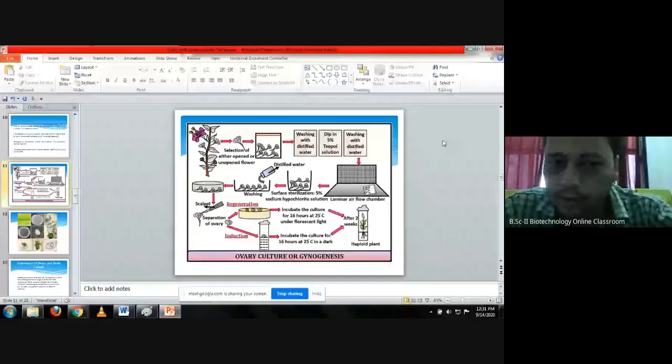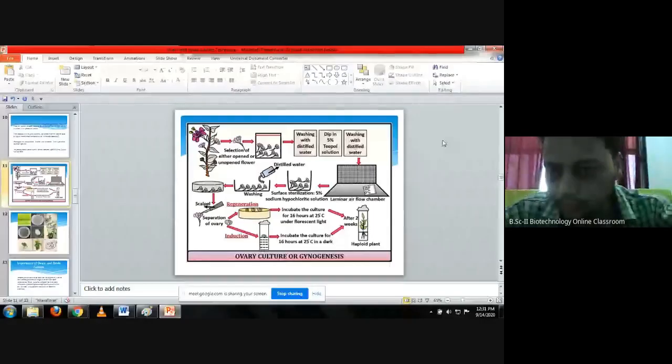See, here is the plant. From that plant, you have to take the flower. Which flower do you take? The anther should dehisce, meaning dry, and after that 48 hours. This flower you select, you wash with distilled water, dip in 5% Tipol, then again wash with distilled water.